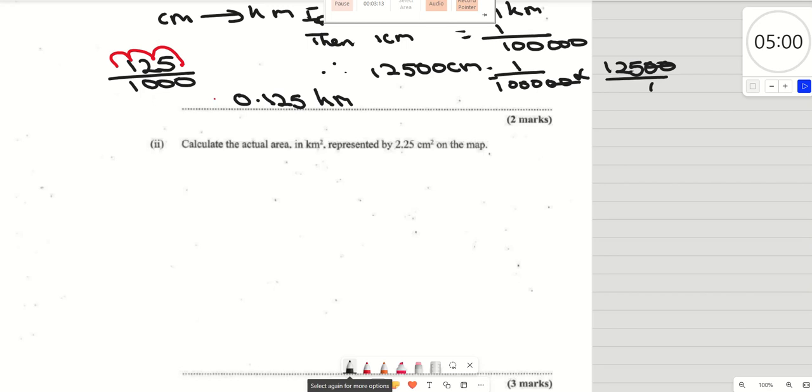So we are going to convert this. We have to convert centimeters squared to kilometers squared. So we know that 1 kilometer squared.